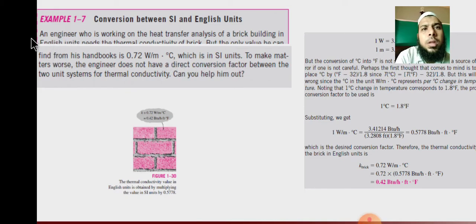So who is the engineer? The English engineer. So he is more familiar with English units like pound, inch, foot, etc. To make the matter worse, the engineer doesn't have the direct conversion factor between the two unit systems for thermal conductivity. Can you help him out? Yes, of course.